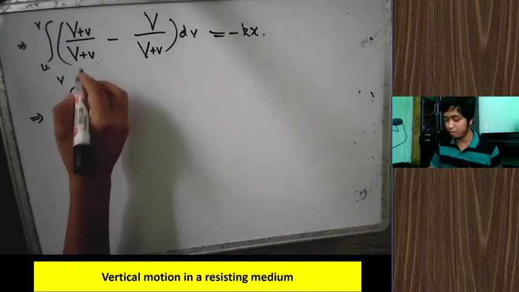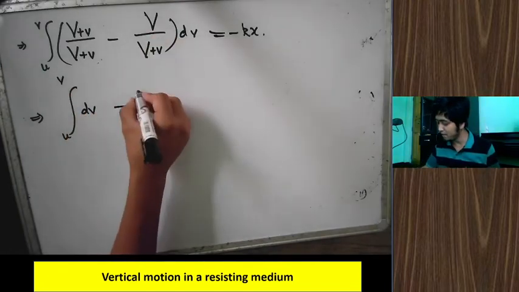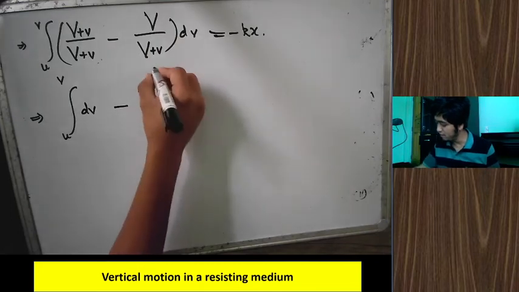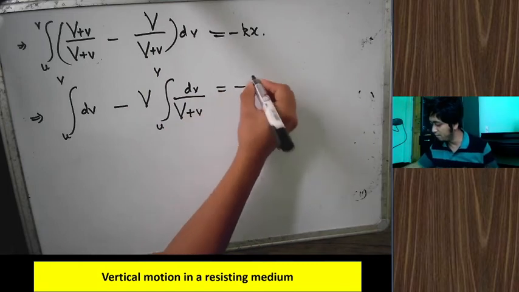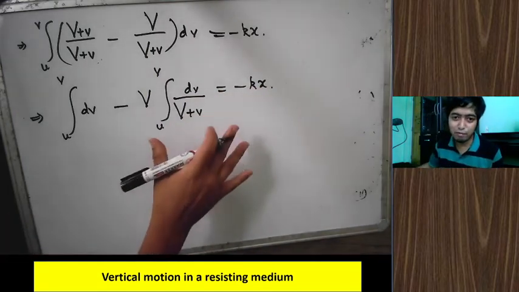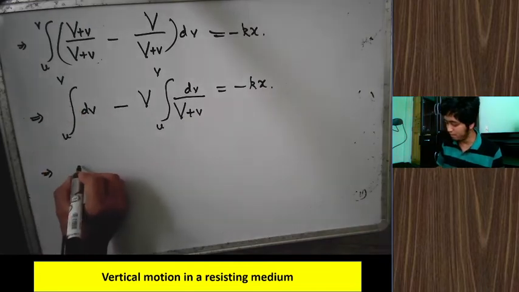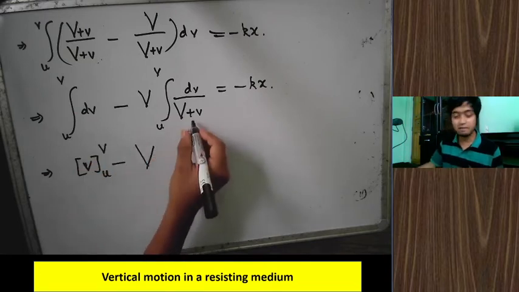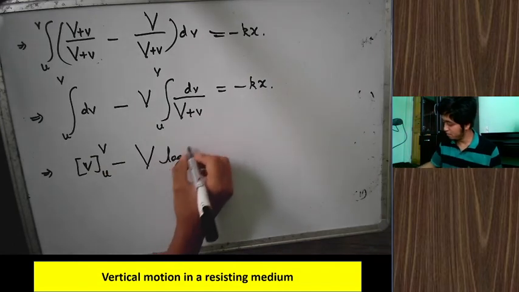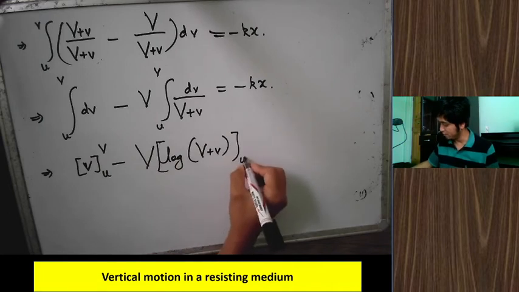Over here we'll be having 1, so we'll be having dv minus, over here it is a constant, we can take it outside, u to v dv upon capital V plus v. So this is what we will be having. Now the integration is very simple. Integration of this one will be v, and integration of this one is log. So this is what we will be having.